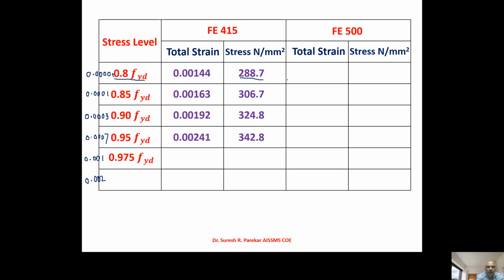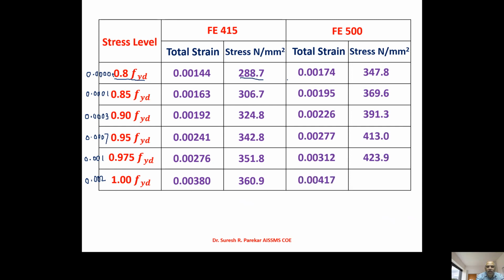You need not go to the curve, just keep in mind these values: 0.000 as the first value, 0.00137, then 0.001, and then 0.002. We divide the stress by Es, which gives the elastic strain, and add the inelastic strain, and so you will get the value of stress.